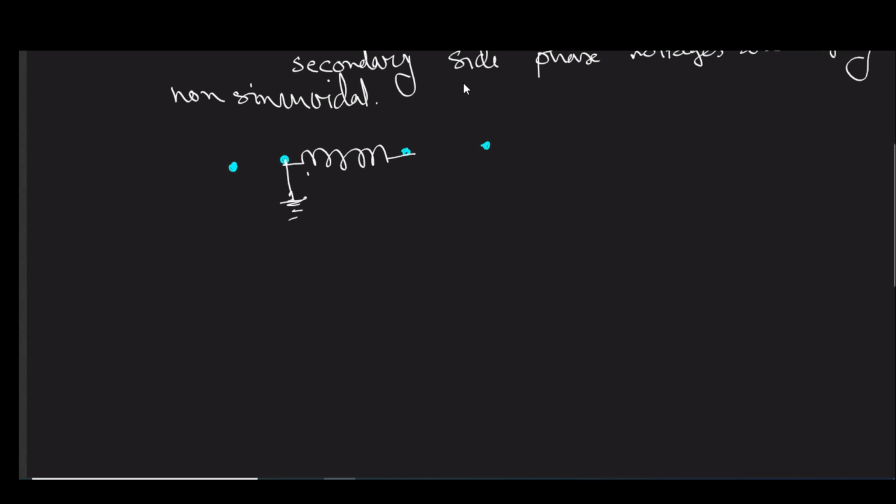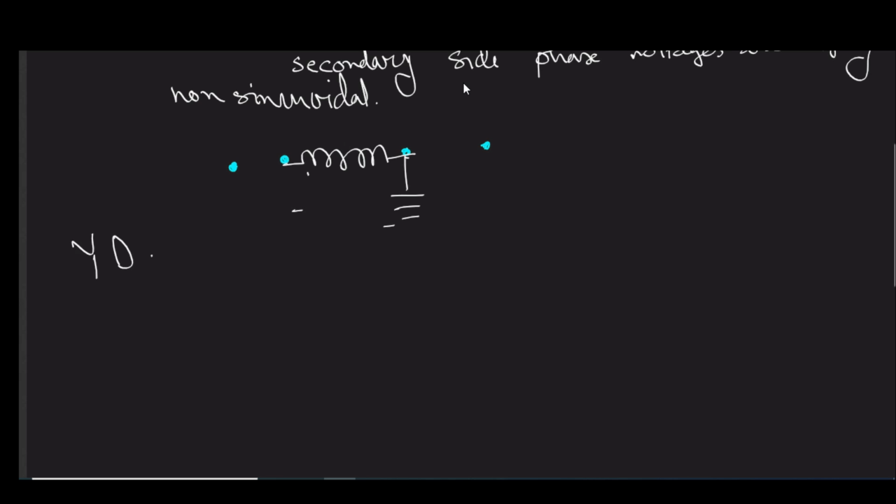So if you have grounded, like if you have YD, then it will be changed, like it will come to this side, for YD with isolated neutral.